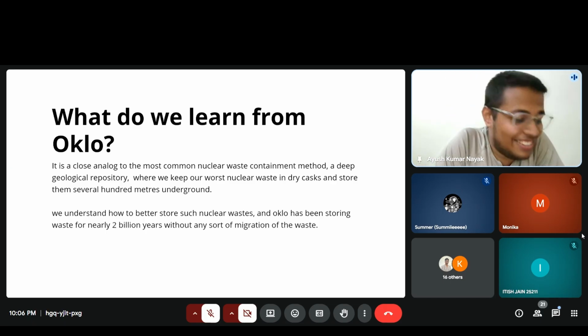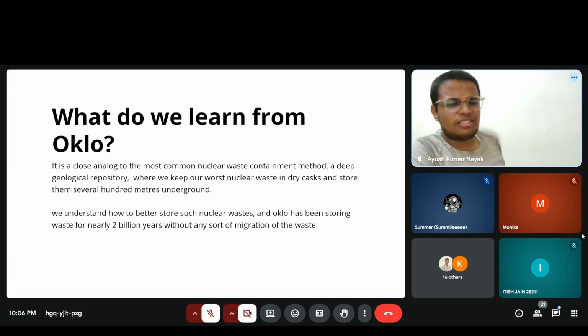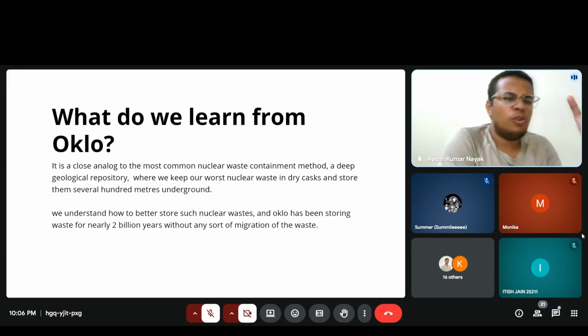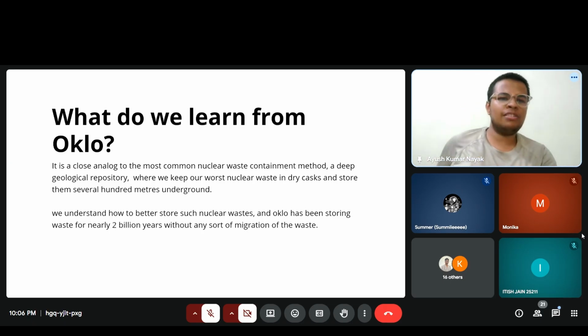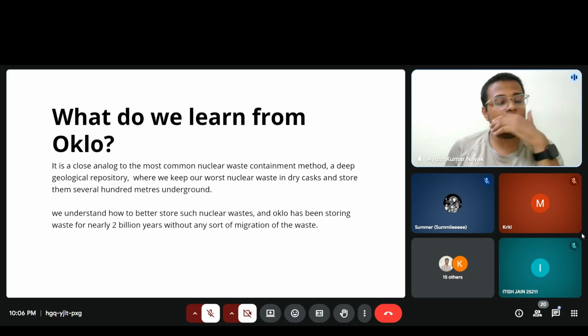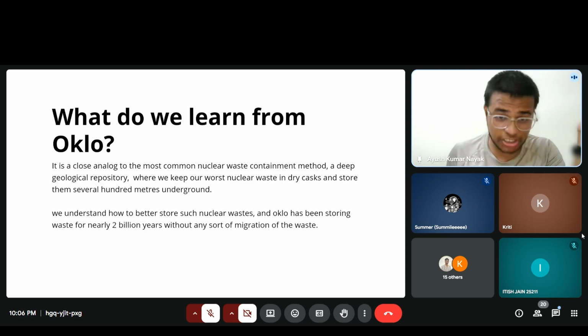Okay. What do we learn from Oklo? It is a close analog to our most common method of disposing nuclear waste. We generally deal with our nuclear waste by putting it in a deep geological repository.